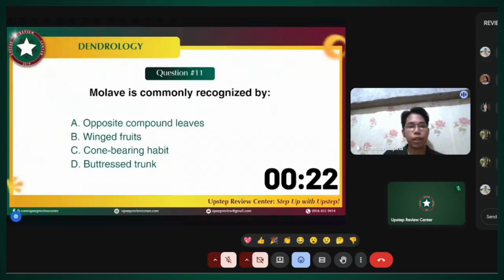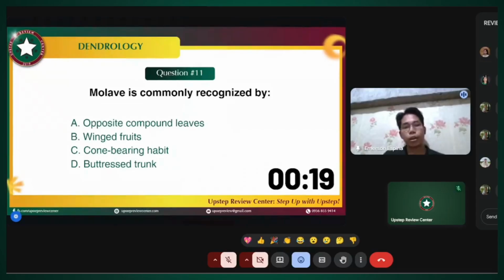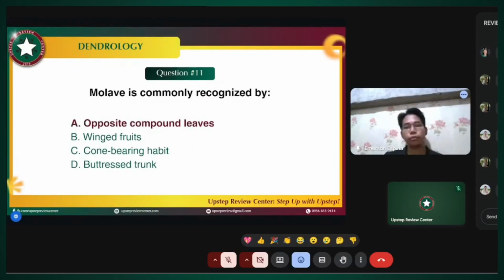And then moving forward, question number 11. Molave is commonly recognized by opposite compound leaves, winged fruits, cone bearing habit, or buttress trunk. Okay, time's up.